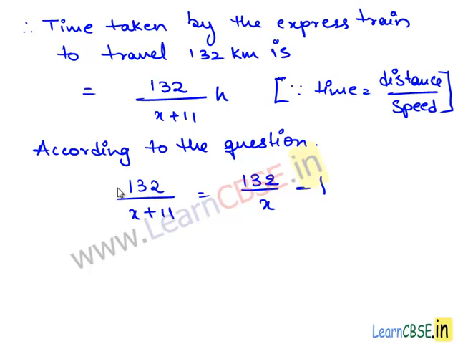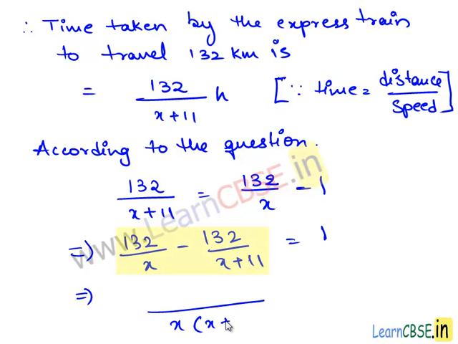Let us transpose 132 by x plus 11 to the RHS. So this implies we have 132 by x minus 132 by x plus 11 is equal to 1. So this can be written as x plus 11 minus x divided by x times x plus 11 is equal to 1 by 132. So this implies 11 by x times x plus 11 is equal to 1 by 132.